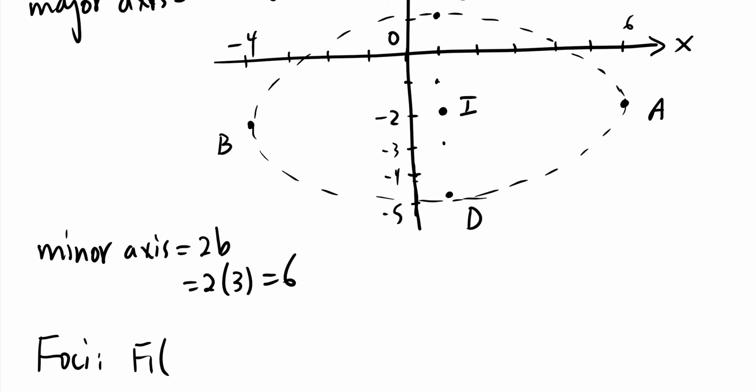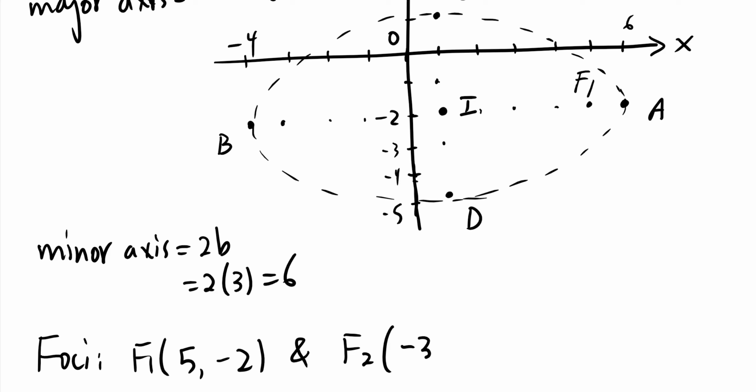C was 4, so you're going 1, 2, 3, 4. So it's here, that's F1. F1 has coordinates 5, negative 2. And F2, you have to go 1, 2, 3, 4. That's negative 3, negative 2. So we found the foci.